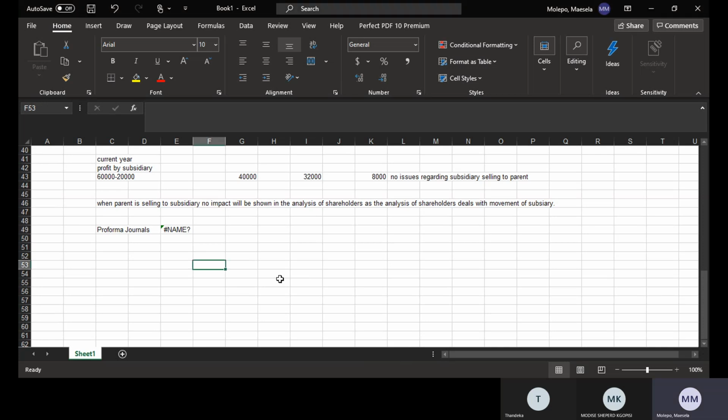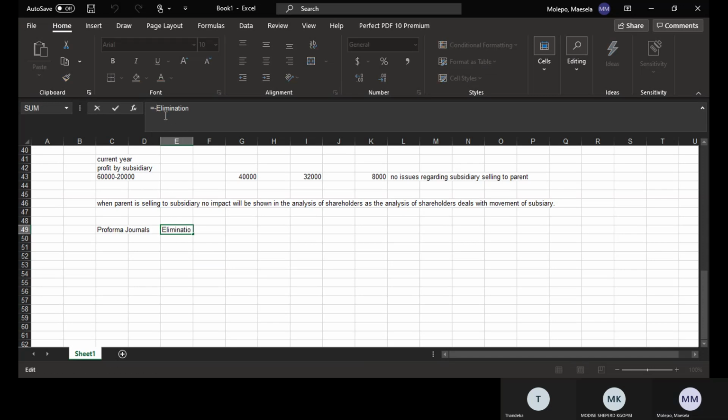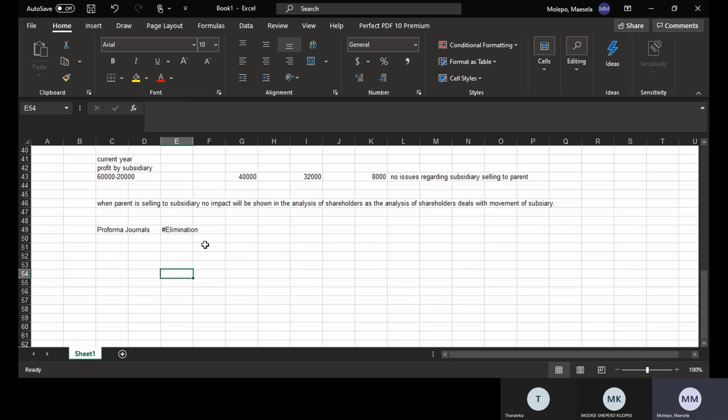It will be the debit and credit as usual, DR and then CR.